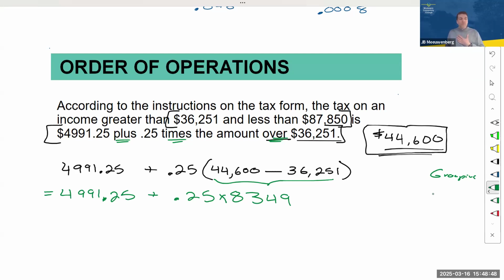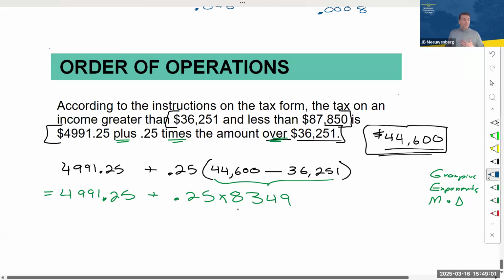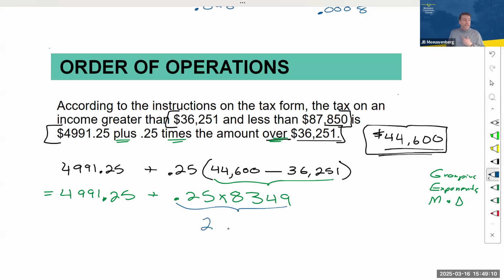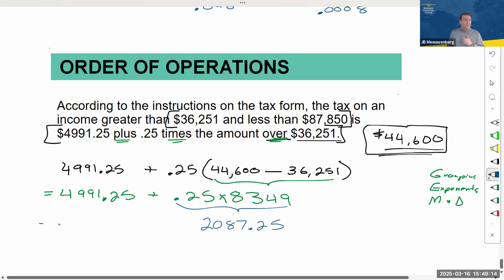If you remember from before, technically there would be exponents, but we don't have any of those here. But multiplication and division come next. So the next thing we would have to do is multiply 0.25 times 8,349. When we do that multiplication, we get $2,087.25.